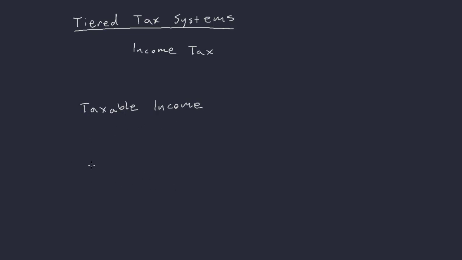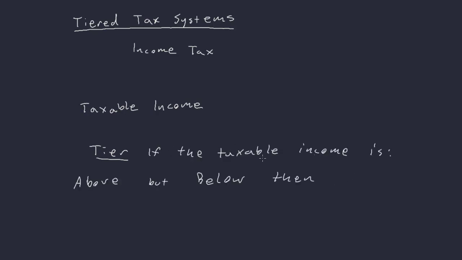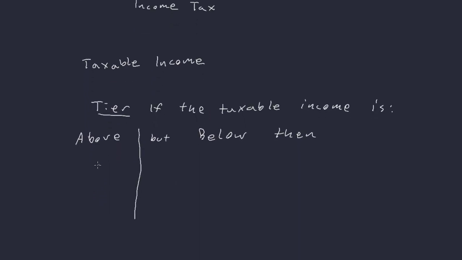So the system might say, okay, here's the tier, right? If the taxable income is above a certain amount, but below some other amount, then we get a certain percentage, right? So to start with, it would probably start with 0, right?